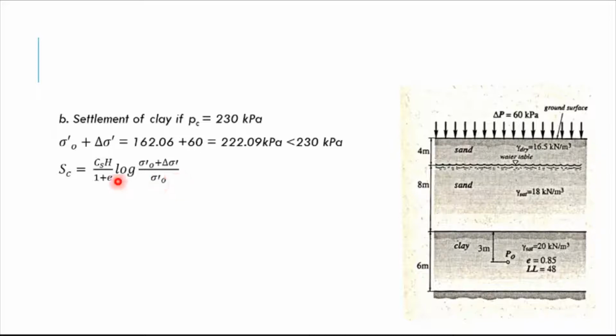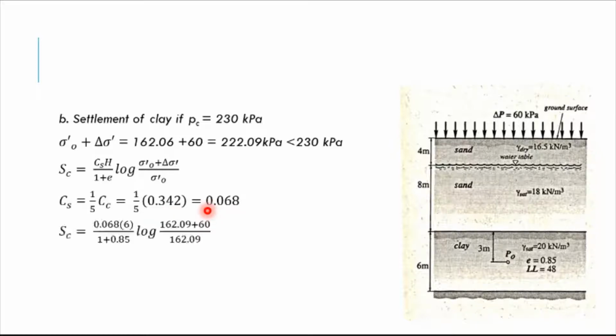In this case, C sub S is not given. But in the problem, there is a note that C sub S should be equal to 1/5 of the compression index, and 1/5 of the compression index, which is 0.342, is equal to 0.068.